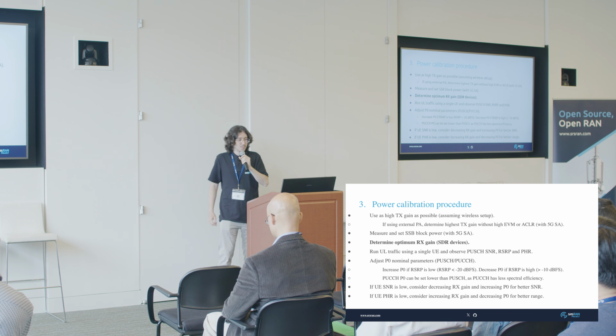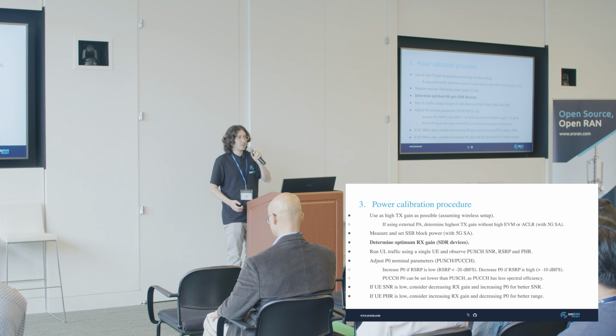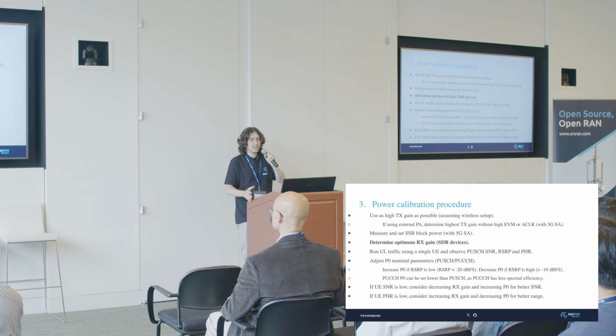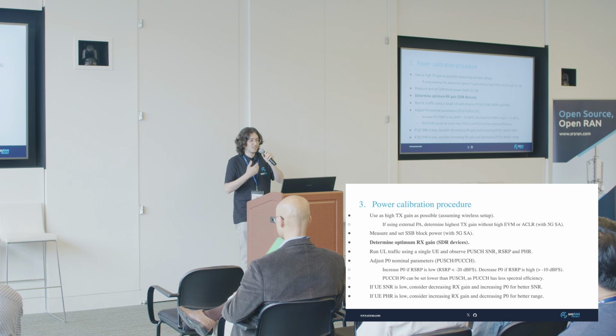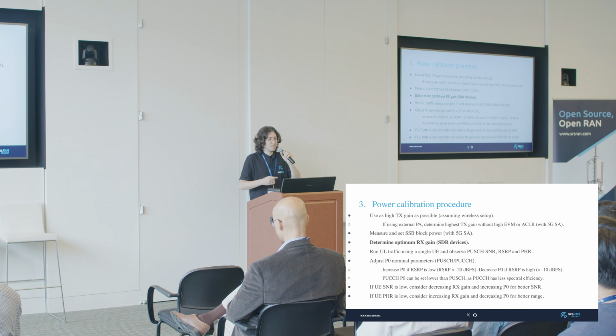So one thing that you probably want to do is to adjust the P0 nominal. And the way I would recommend doing it is adjusting the PUSCH P0, because that's the one that you have information of, because you have the PUSCH SNR, RSRP, etc. And then once this is done, you can probably set the PUCCH P0 to a value that is below the PUSCH P0.